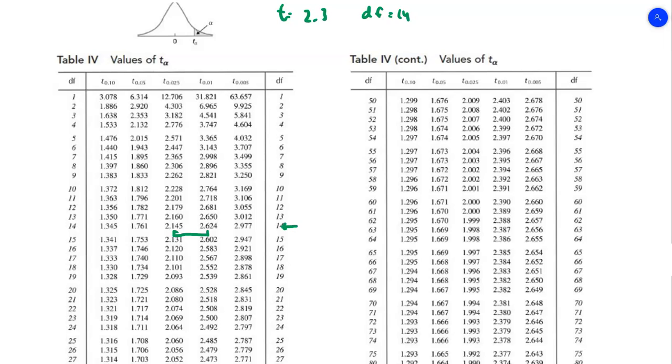Then you'll come up to the top and look at that little number. So somewhere between 0.01 and 0.025, that's your p. So you're going to end up with a range of p-values, unless you use something like StatCrunch or a graphing calculator.